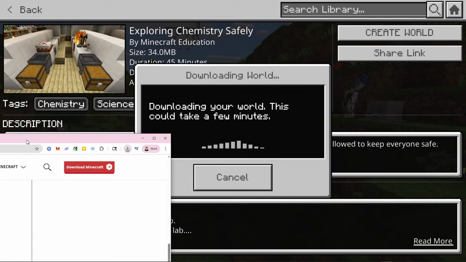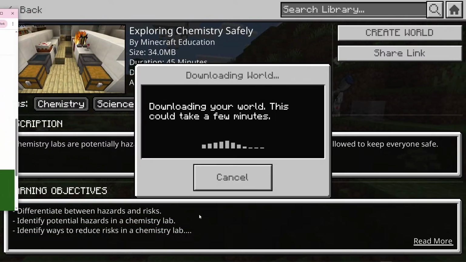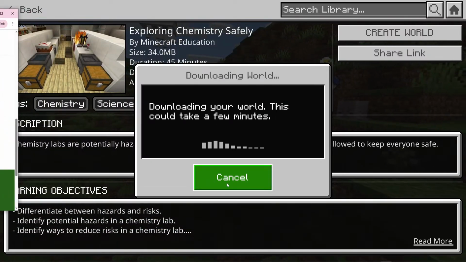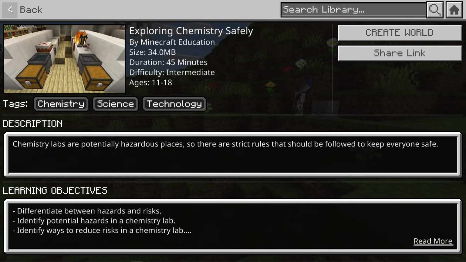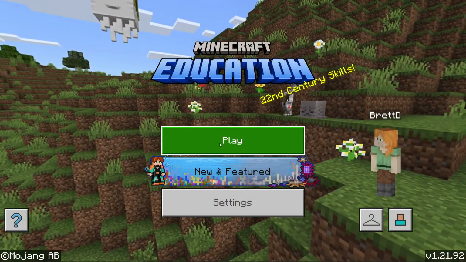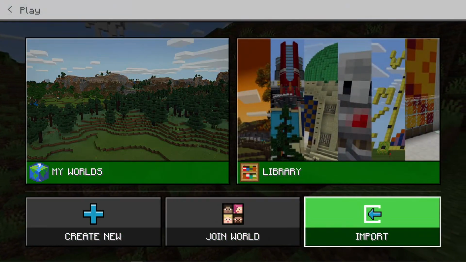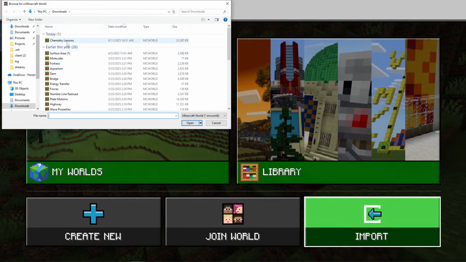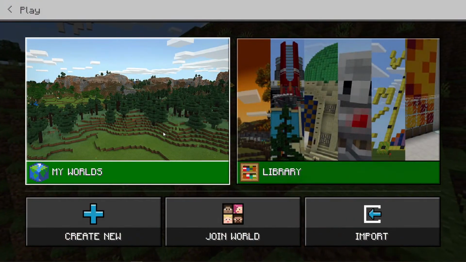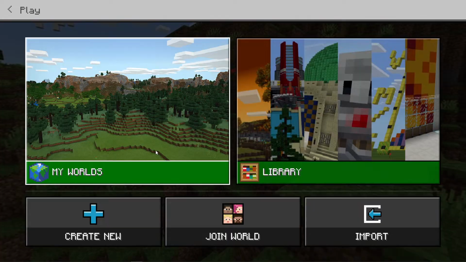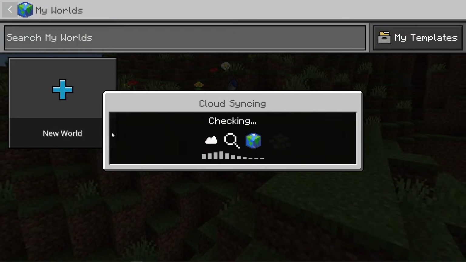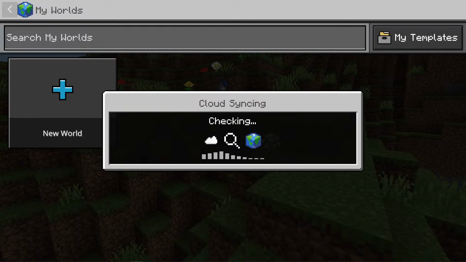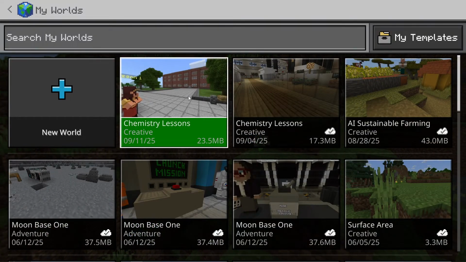Well, that seemed faster. Let's try that. Can we import it? Okay, looks like it was probably just the same as our last one.